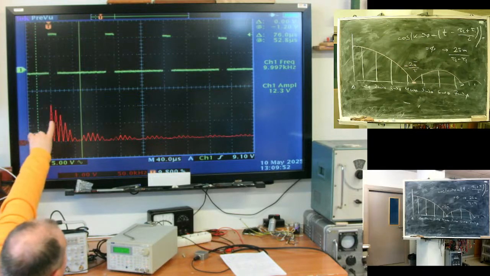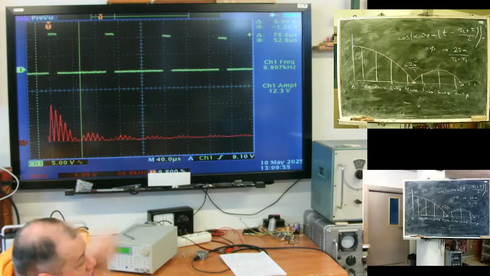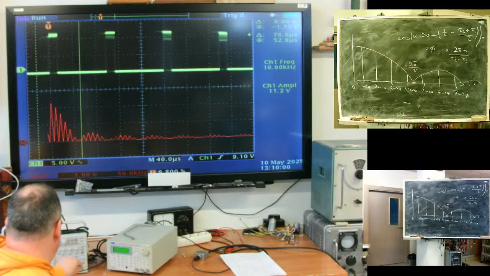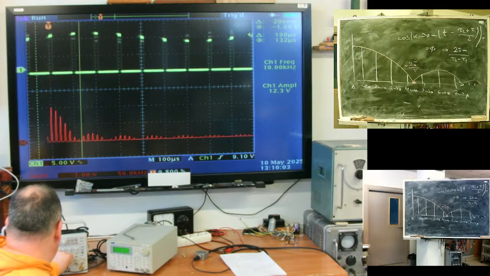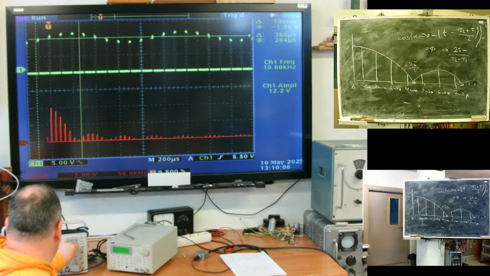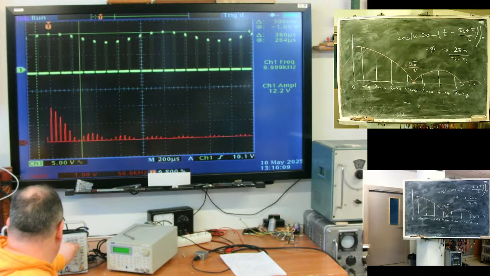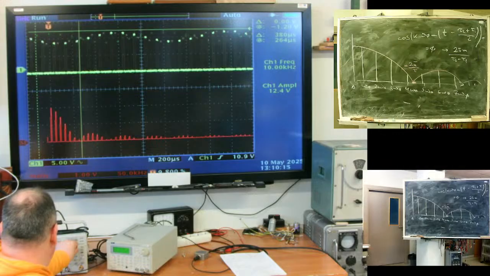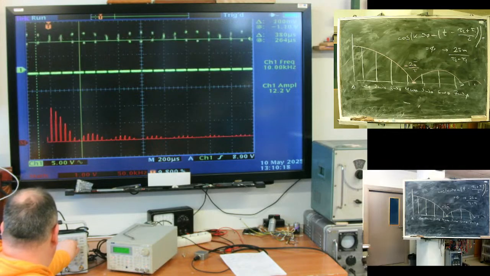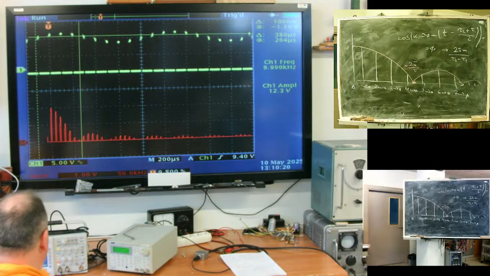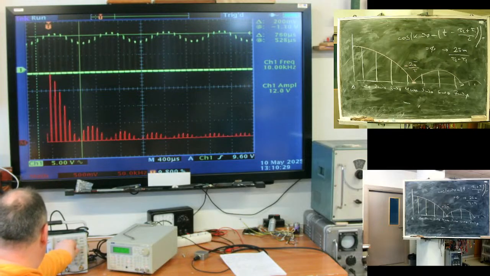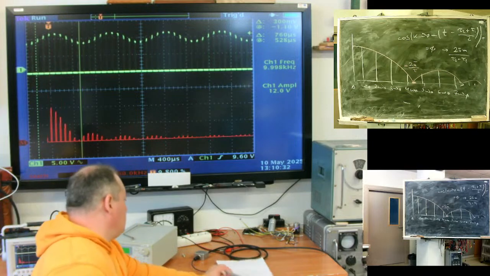Oh, you can see the magnitude of the pulse changes in accordance with the harmonic signal. Here they are. The magnitude of pulses changes with the harmonic signal.